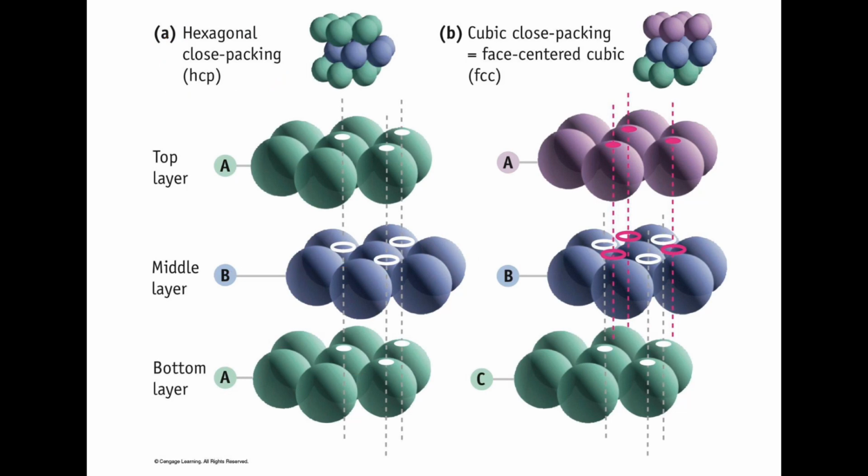But if we use 3 different patterns, so here we have an A, a B, and a C, we get a face-centered cubic. So let's kind of see how that's different. So it starts off the same. We have an A pattern, and we put it on top of a B pattern. And what happens is the A atoms nestle down into the divots right in here of this B pattern.